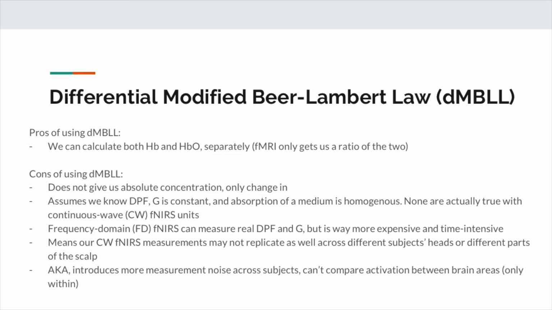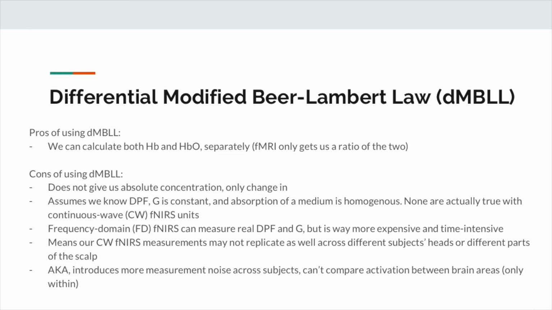Now the pros of using this differential modified Beer-Lambert law is that we can calculate both oxygenated and deoxygenated hemoglobin separately, whereas MRI can't do that. And yet there are some downsides of using it to know about, which includes it does not give us the ability to calculate absolute concentration, like just mentioned, and it assumes a few things that aren't necessarily true.